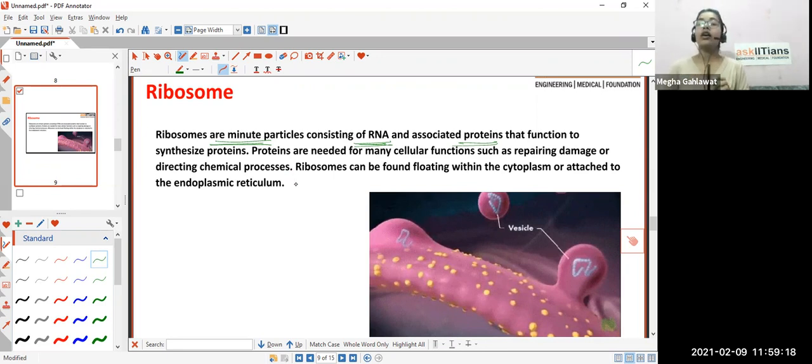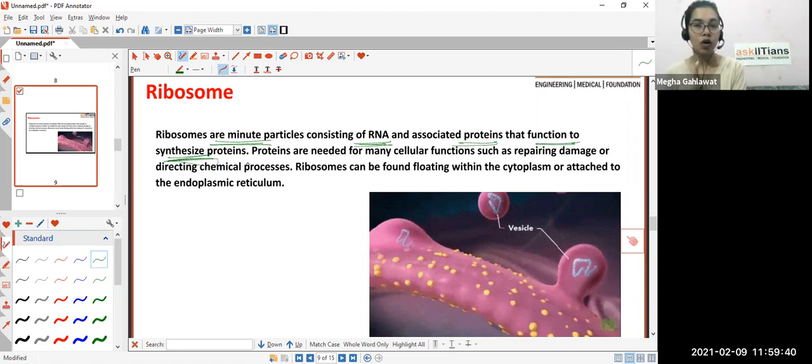If you don't understand this, that's completely fine. That is not what you need to learn for the 8th standard, but it will be surely appreciated if you try to understand it. On top of that, all of this is repeated in the 9th standard as well. So the function of ribosomes is to synthesize proteins.